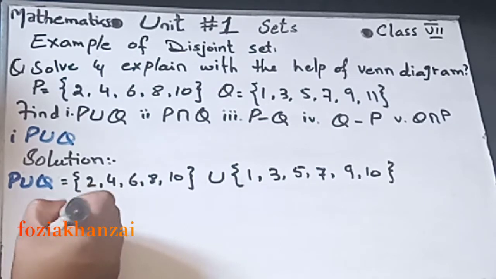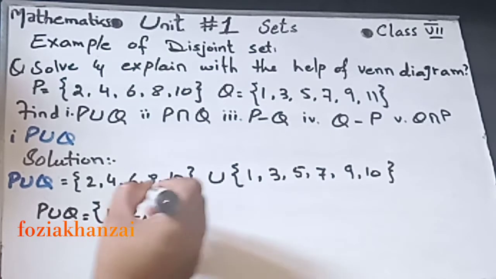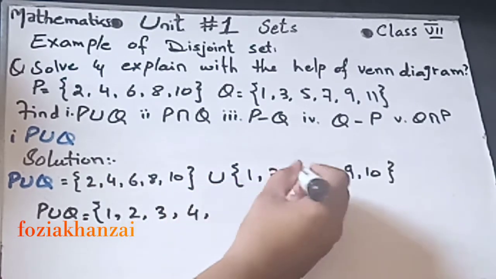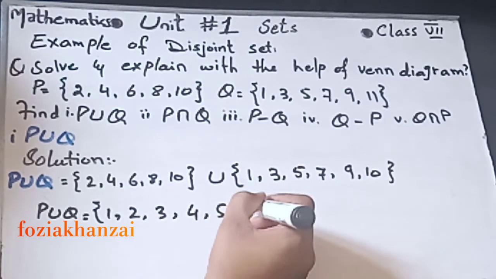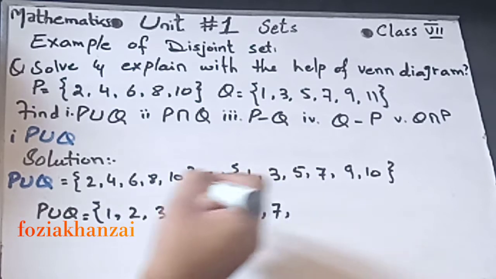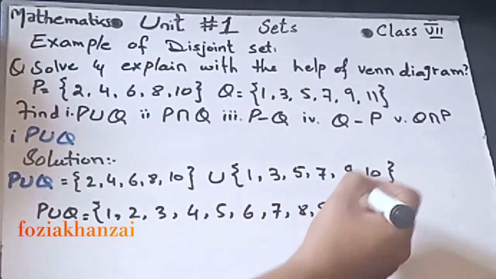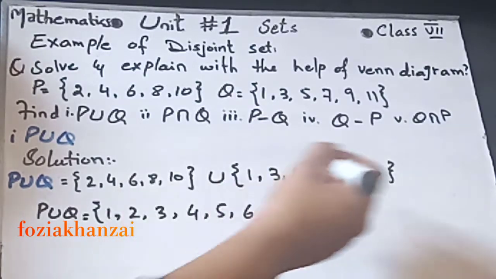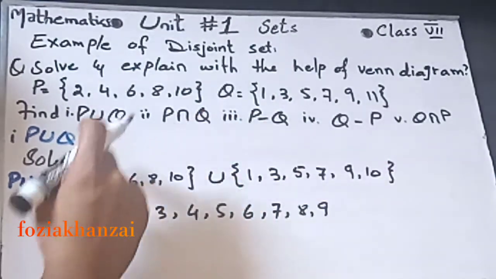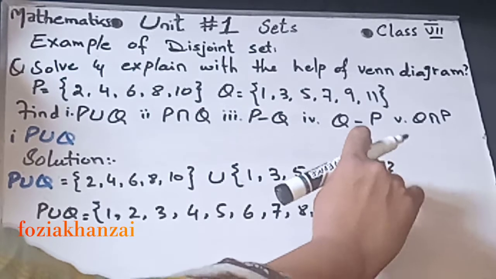P union Q is 1, 2, 3, 4, 5, 6, 7, 8, 9, 10. We have 10 only one time, in set P, but in set Q we have 11.